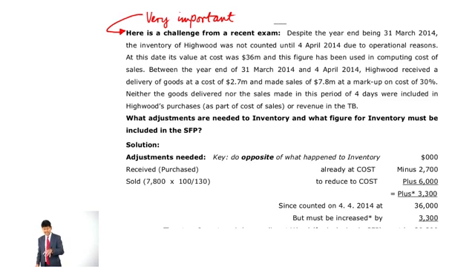This is an extract from a big published accounts question called Highwood. And of course, this little exercise on its own could be part of an MCQ, if not the MCQ itself. So please be careful with that. Very, very important. Very, very easy. That's the point. Don't be afraid of it.